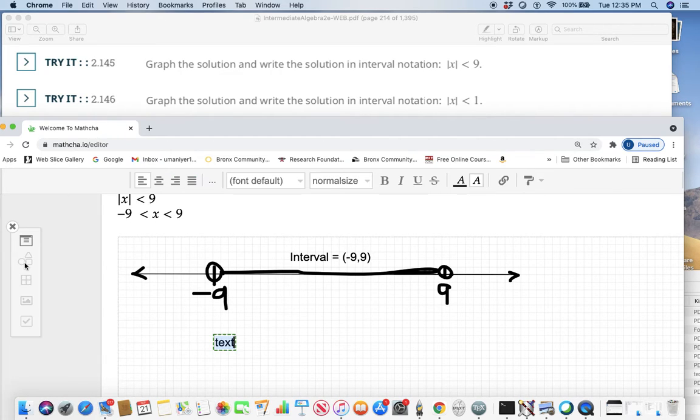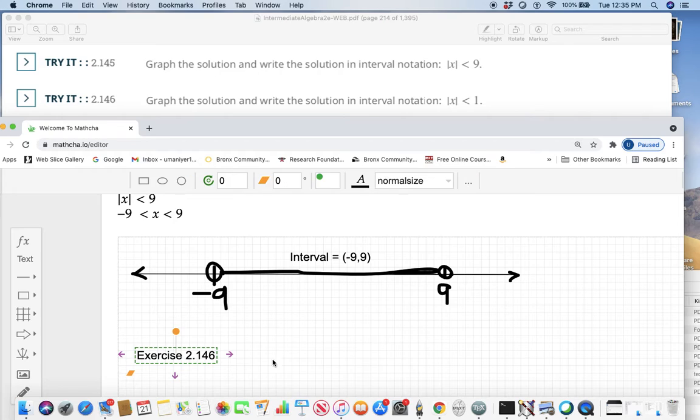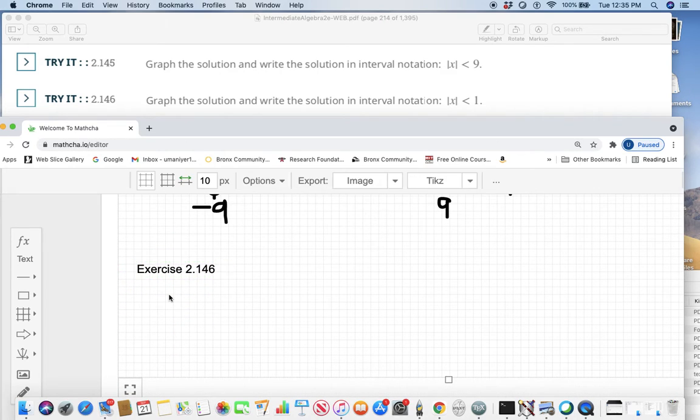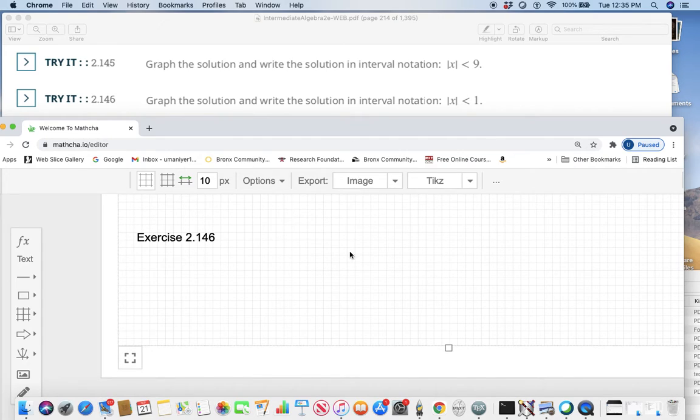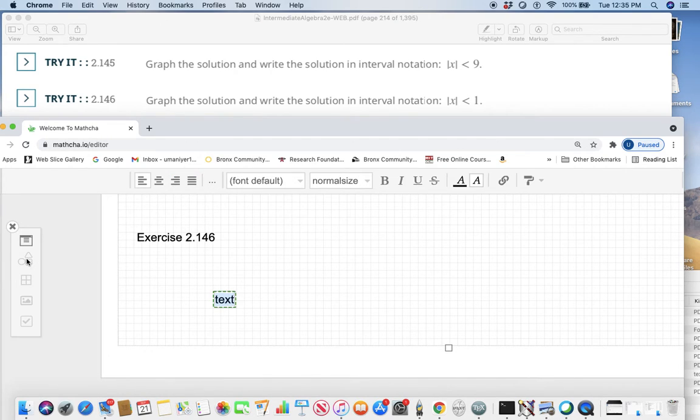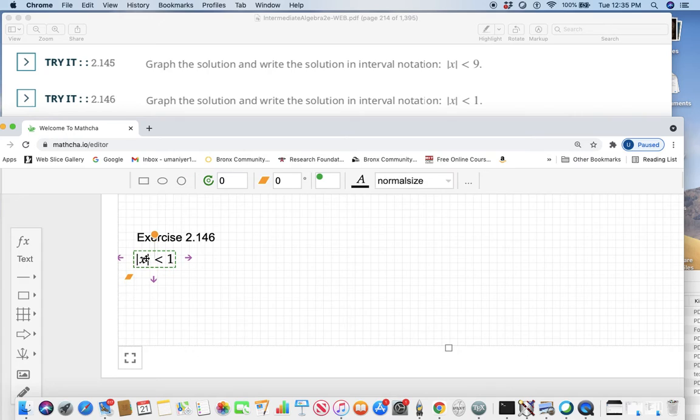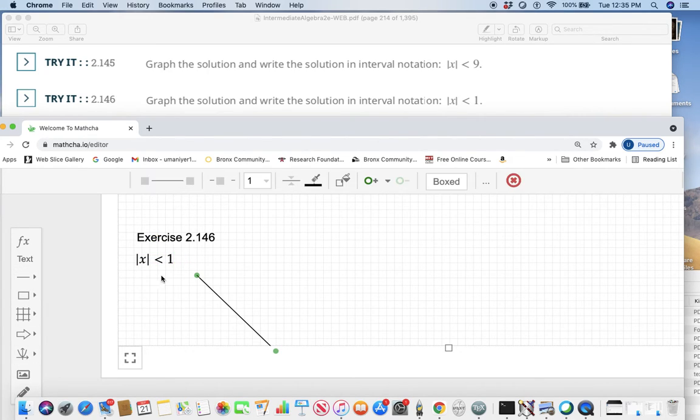In the same way, let's try 2.146. Here, the question is about absolute value of x less than 1. Again, you start with a number line.